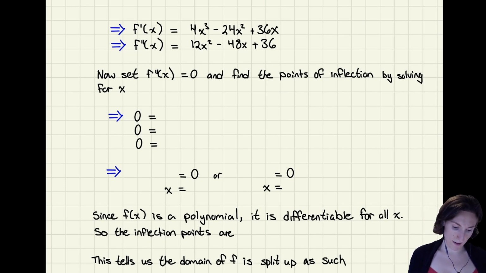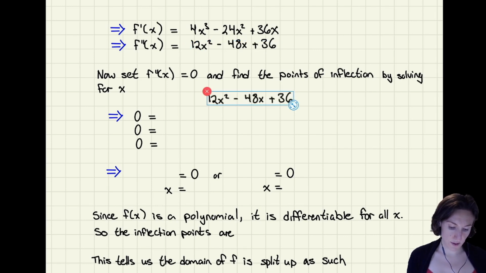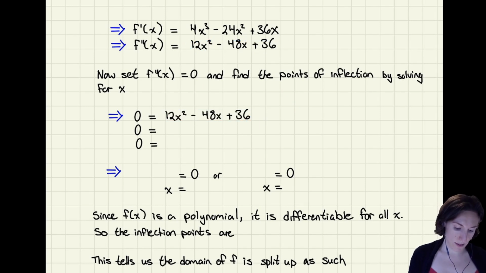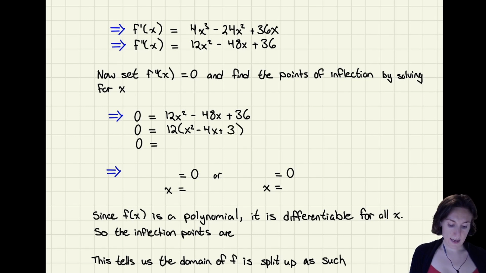So I'm going to have this 12x squared minus 48x plus 36, and I am going to factor out a 12. This will give me x squared minus 4x plus 3. And then you can get rid of the 12 if you want.